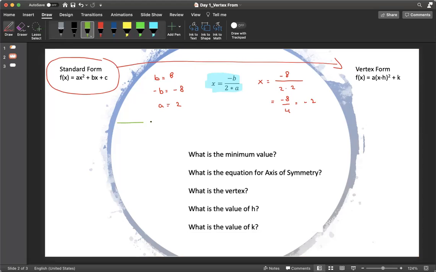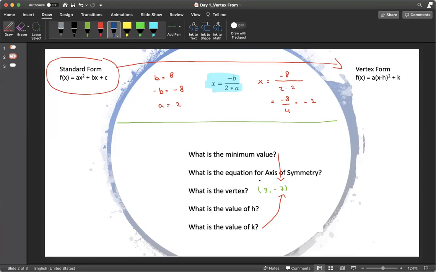Now the second part that I want to go over on this slide is, look at all the questions on the bottom. Now let's say that our vertex was a 3, negative 7. If our vertex is a 3, negative 7, that means our minimum value is going to be that negative 7, and our k value is a negative 7.